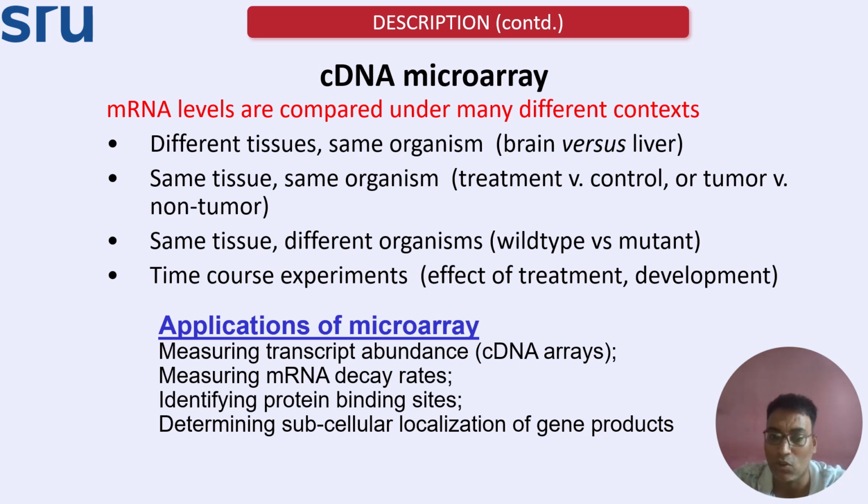Determining subcellular localization of gene products. Okay, after some point of time, some specific proteins are coming up only in these cases, in some specific organelles. I can easily see that only because of the expression of this gene, a certain protein has gone there. So somehow some connection is there. So for all this analysis, microarray analysis is very important.